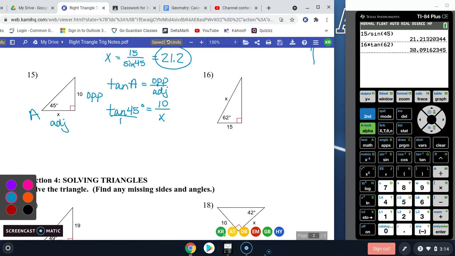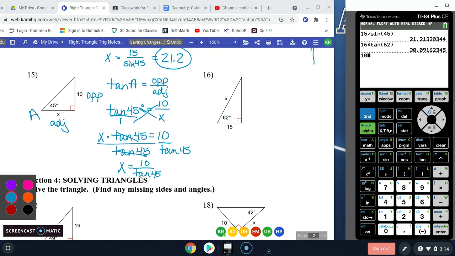I'm going to put tangent of 45 over 1 and cross multiply. X times tangent of 45 equals 10 times 1. I've got to get x alone, so I'm going to divide by tangent of 45. That's going to reduce, and x equals 10 divided by tangent of 45.